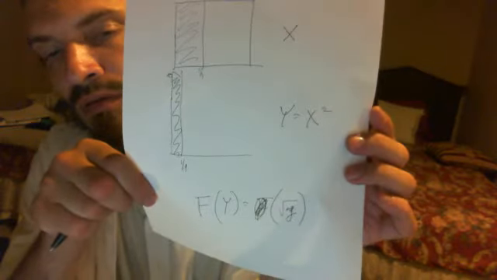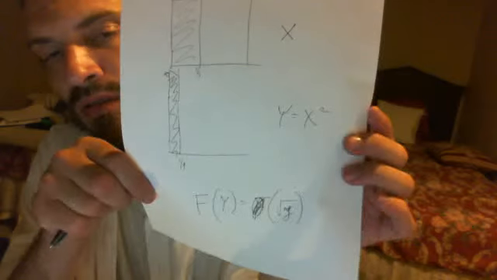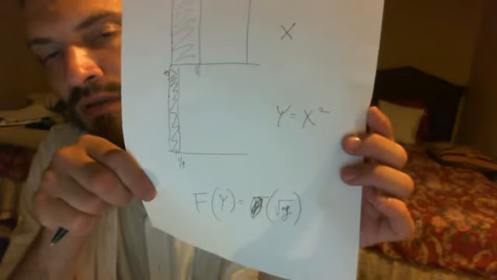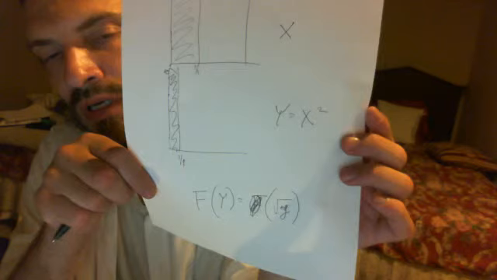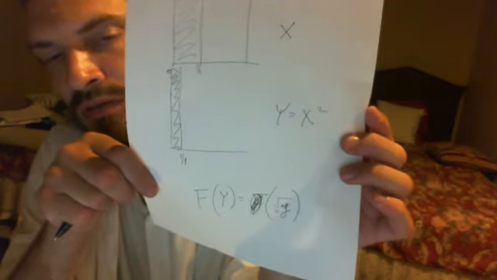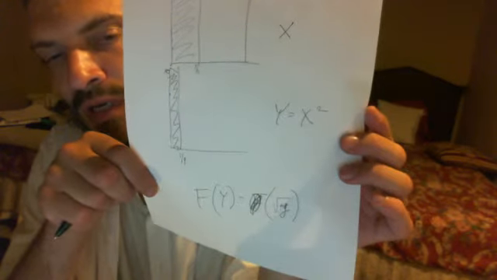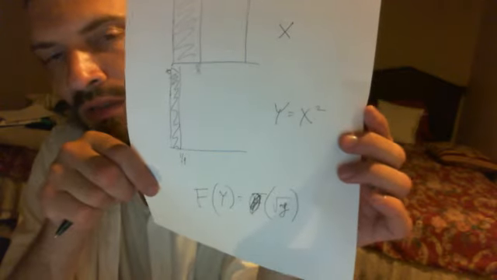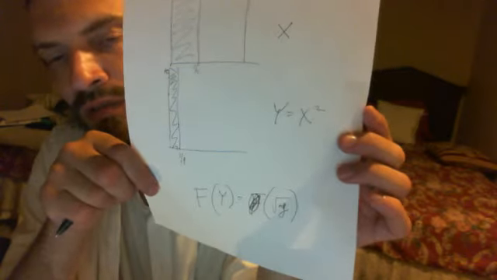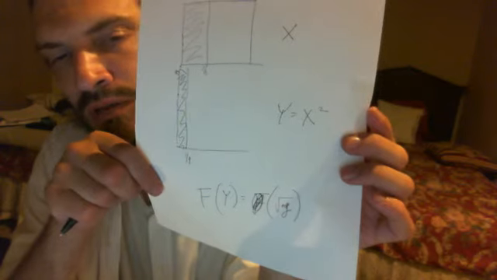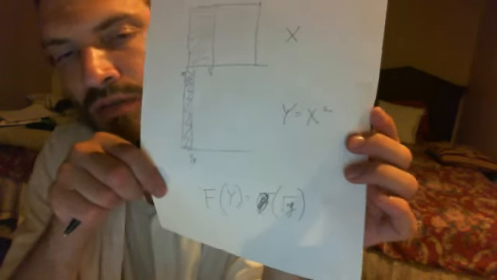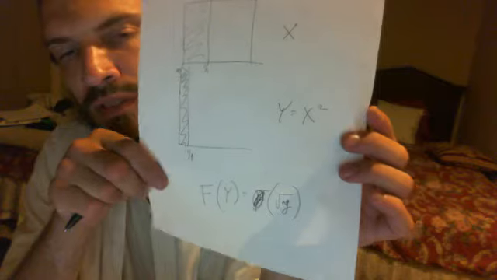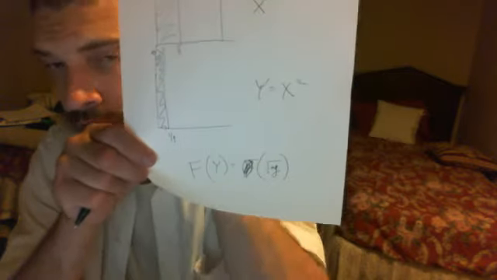As you see, let's say y is a ninth. So how much ground is covered by a ninth? The answer is the root of y. That is, the root of a ninth is a third. How much ground is covered when y reaches a quarter?